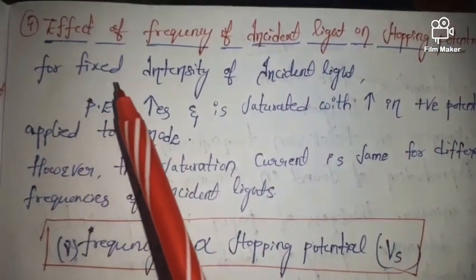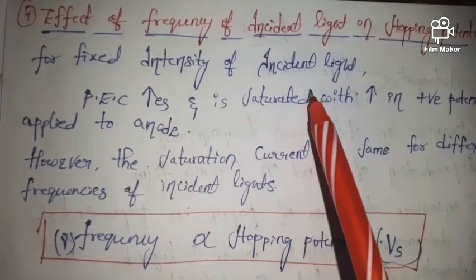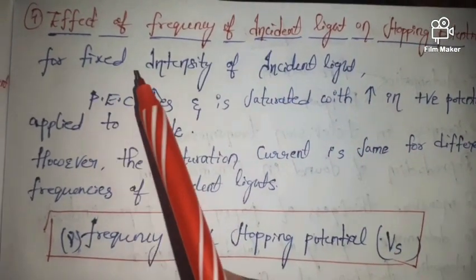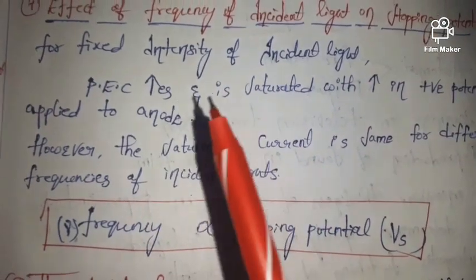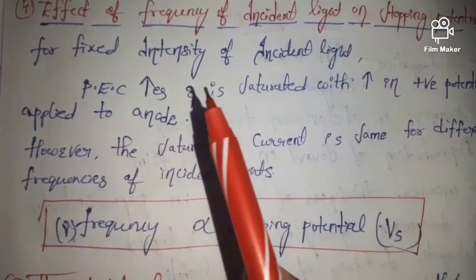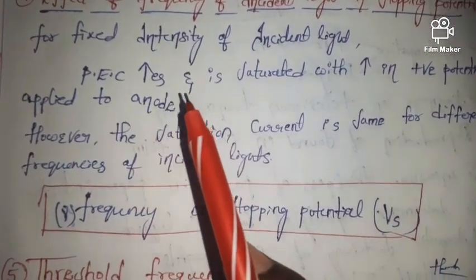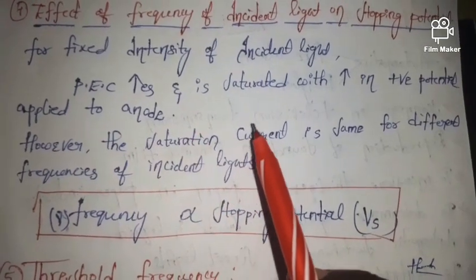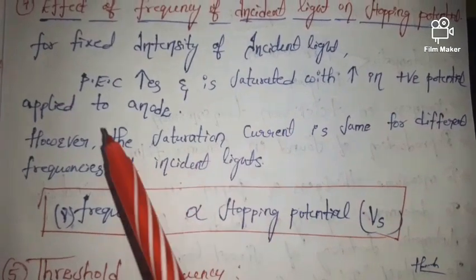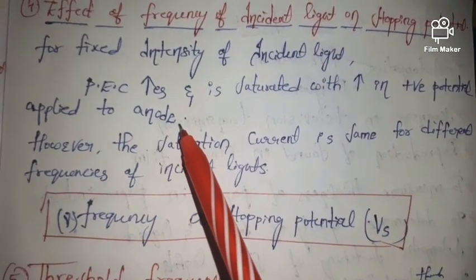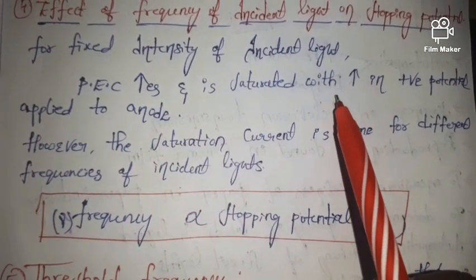Here, the intensity of incident light is fixed. Photoelectric current first increases and is saturated with increase in positive potential applied to the anode.